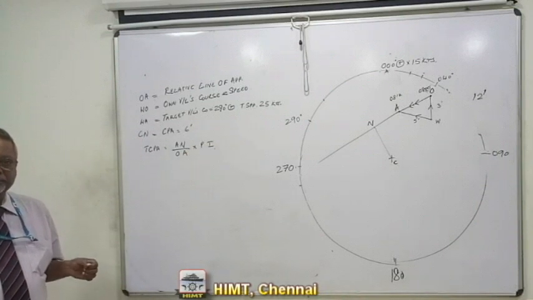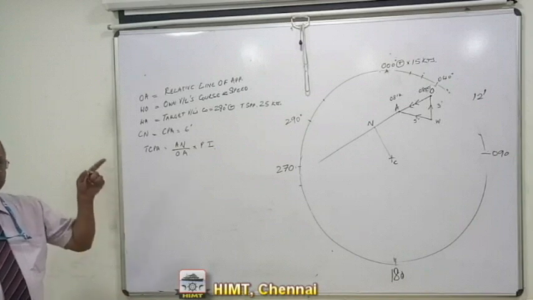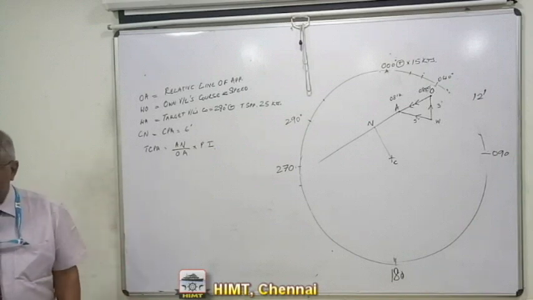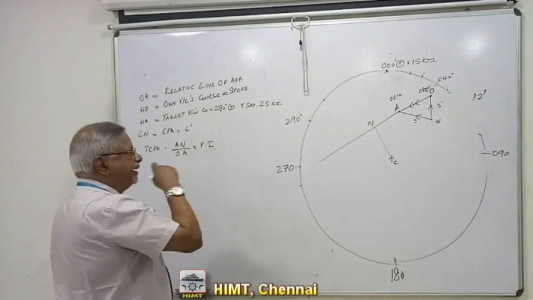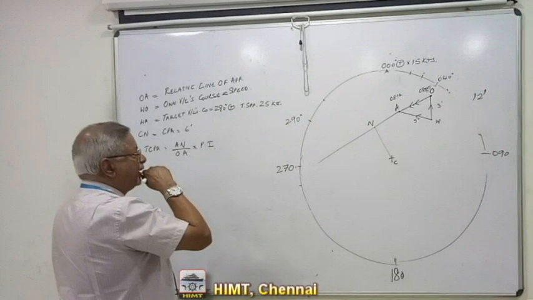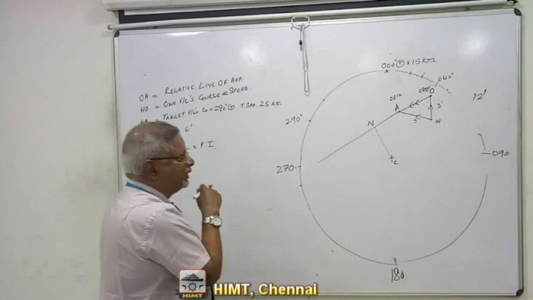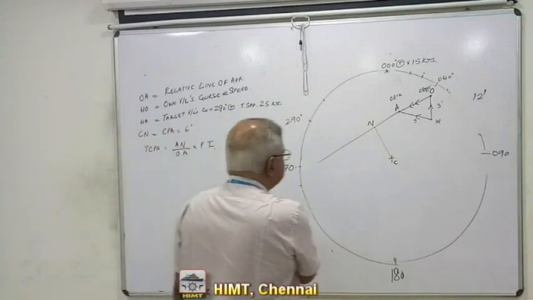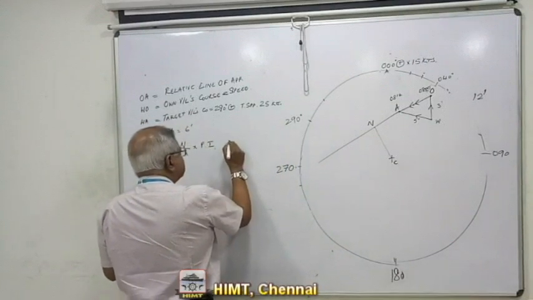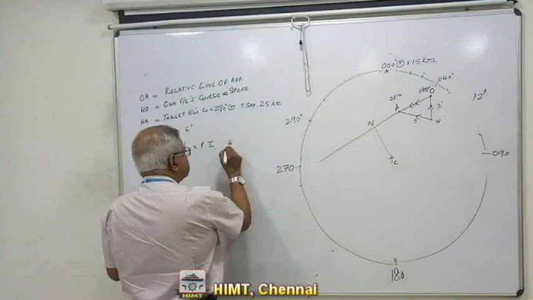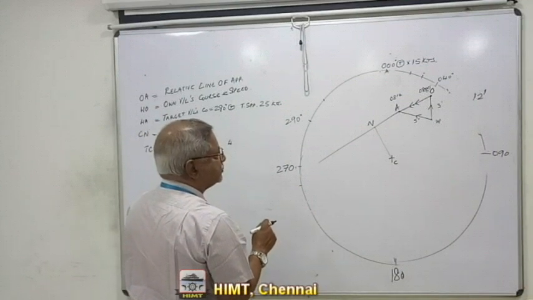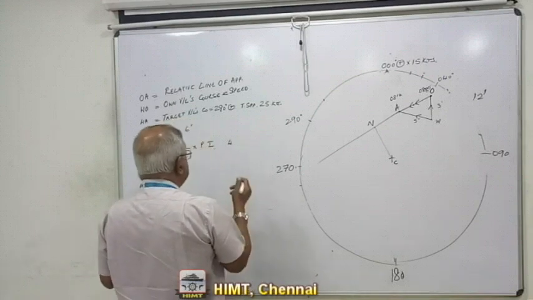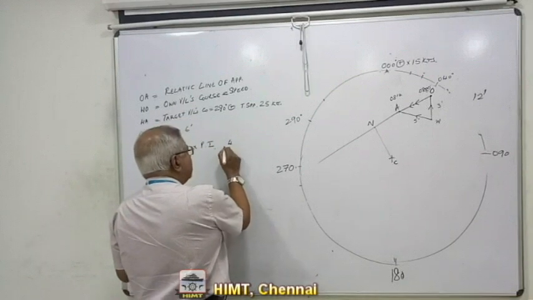What is the plotting interval? 12 minutes. First and last. So let us say AN in this picture, let us say it is 4 miles.